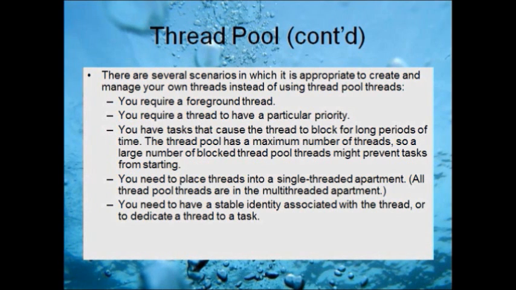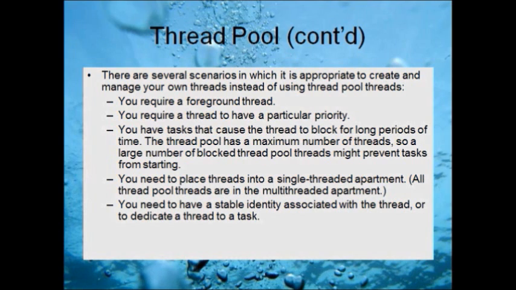There are several scenarios in which it is appropriate to create and manage your own threads instead of using thread pool threads. You require a foreground thread. You require a thread to have a particular priority. You have tasks that cause the thread to block for long periods of time.